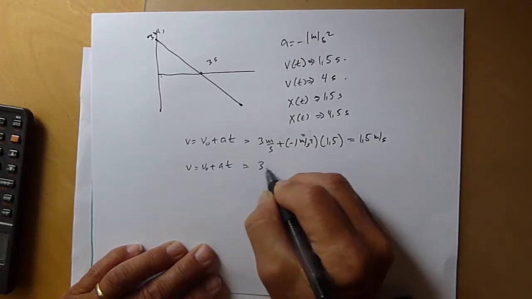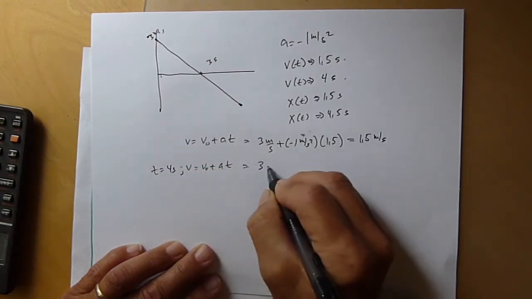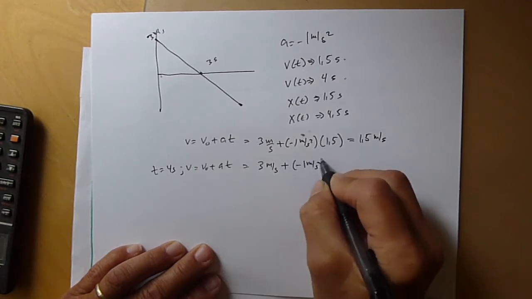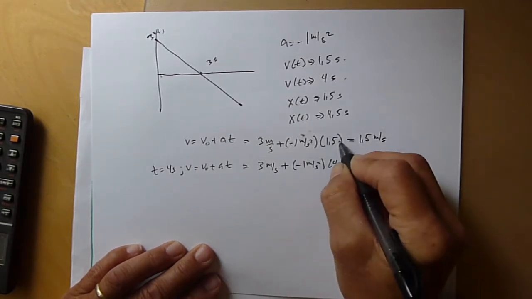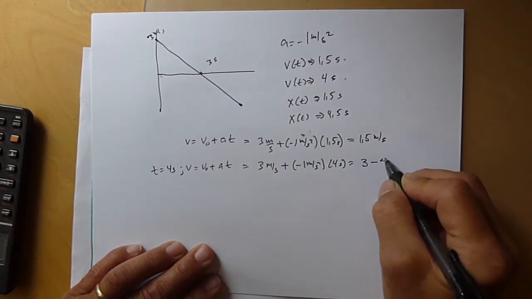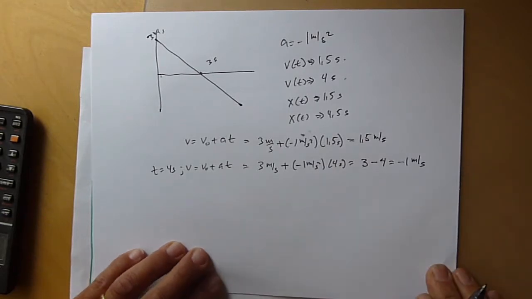And now I'm going to look at t equals 4 seconds. 3 meters per second plus, open brackets, minus 1 meter per second squared times 4 seconds is 3 minus 4, which is minus 1 meter per second.